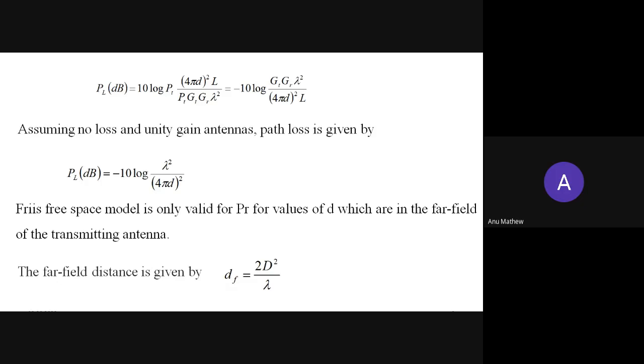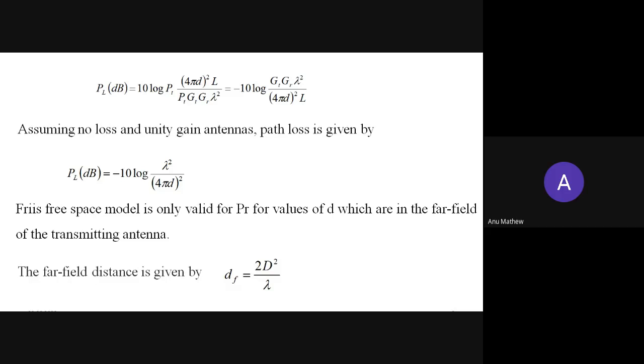This free space model, or this equation, is valid for the received power of the antenna which has a separation distance D from the transmitter, where D should lie in the far field of the transmitting antenna.